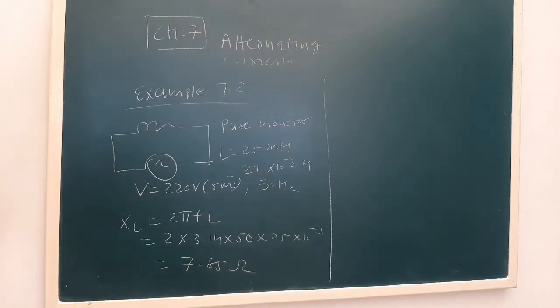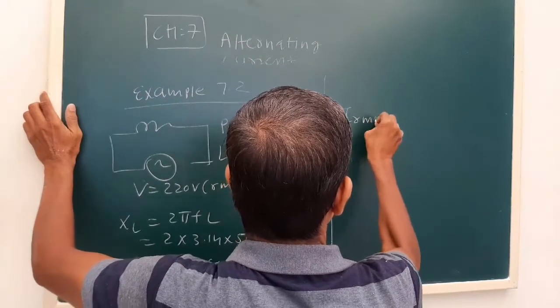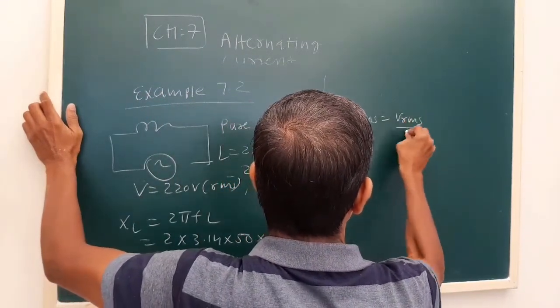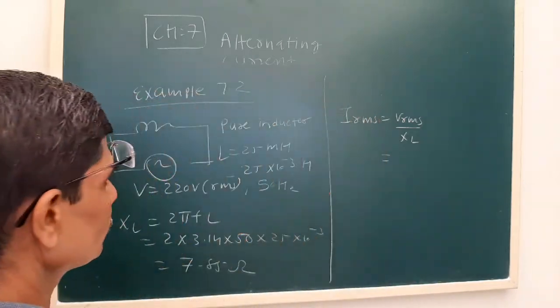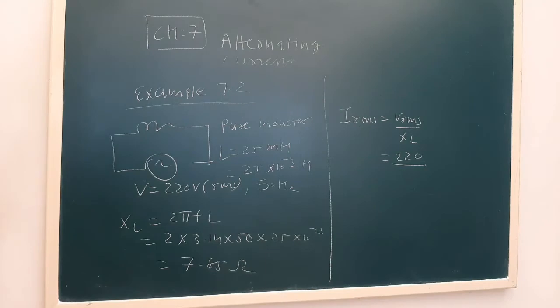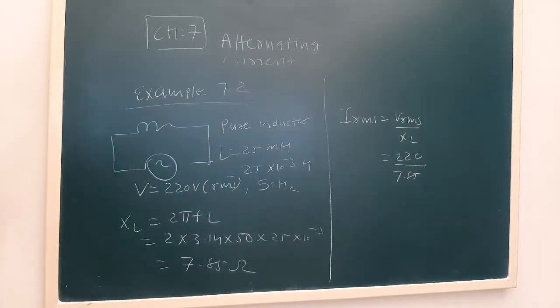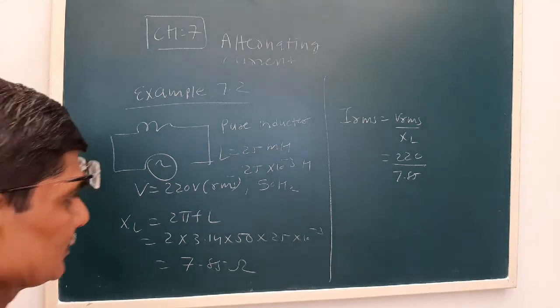The unit of inductive reactance we have to assume is ohm. Now IRMS is 220, and the XL value is 7.85, so this will be 220 divided by 7.85, which is 28.